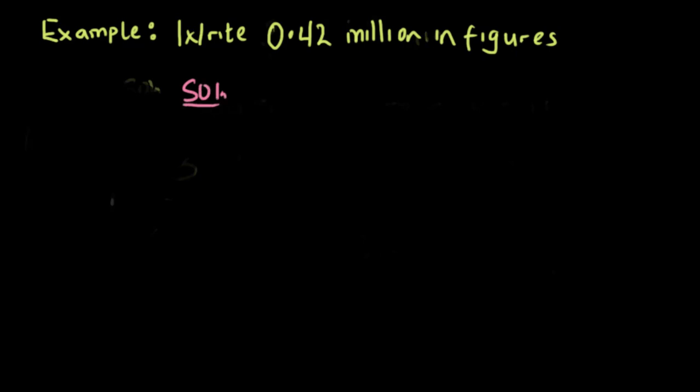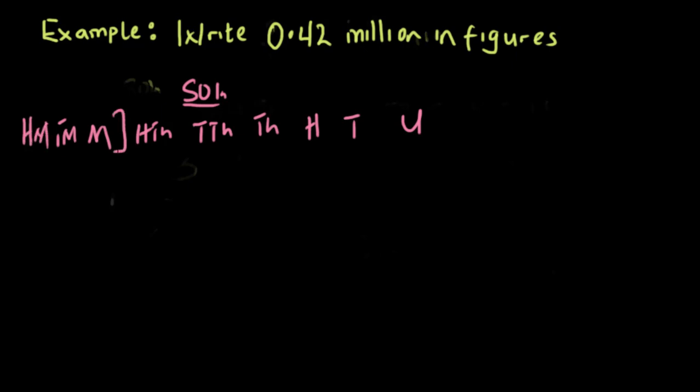Now we write the place value first. Units, tens, 100, 1,000, tens of thousand, hundreds of thousand, million, 10 million, 100 million. Now this is the million part. We have 0.42 million. So we'll put 0 here, 4, 2.